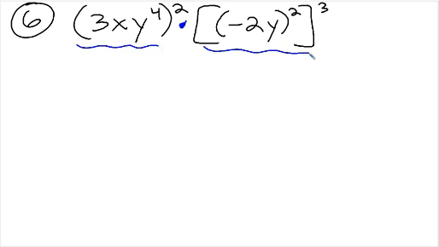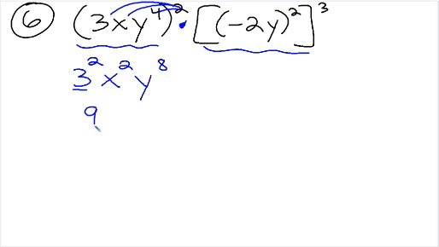So on the first one, I need to distribute this power on the outside to everything on the inside. So that makes it 3 to the 2nd, x to the 2nd, y to the 8th. Let's go ahead and finish that one up. 3 to the 2nd is 9. 9, x to the 2nd, y to the 8th. Remember that 3 to the 2nd means 3 times 3. It's not 3 times 2.